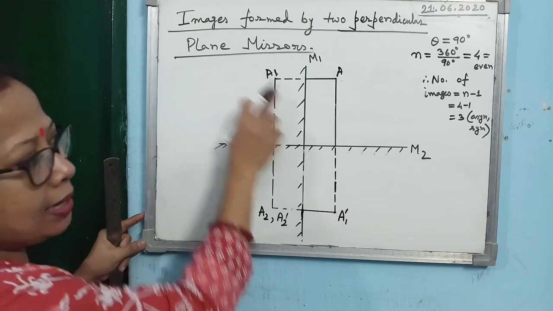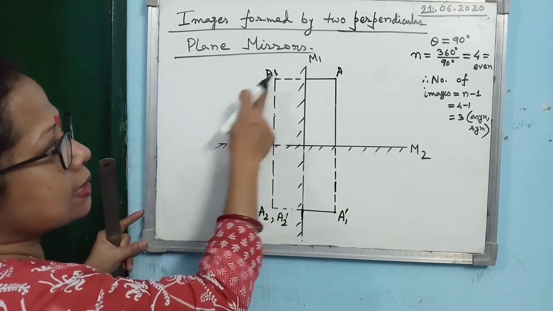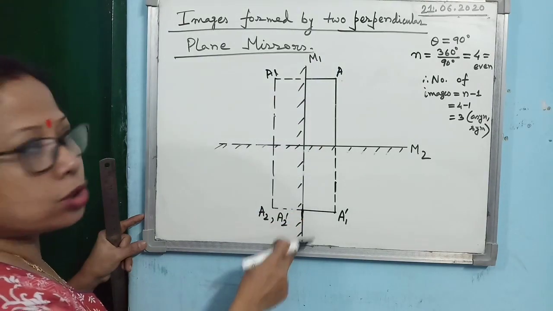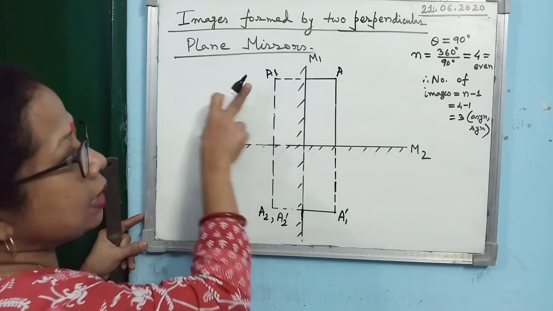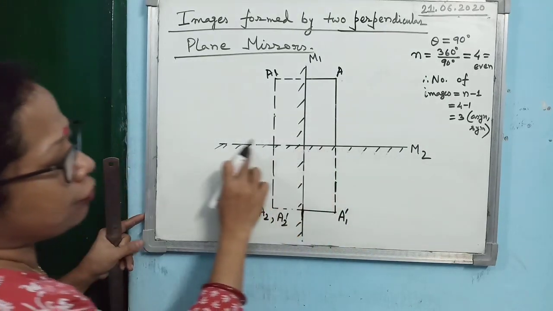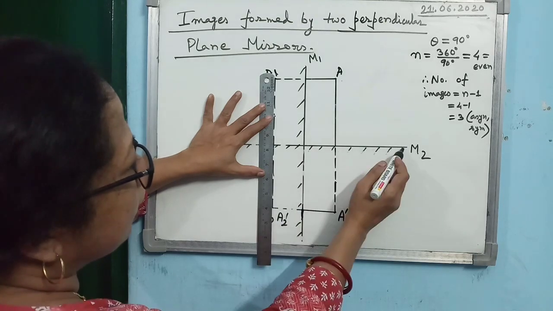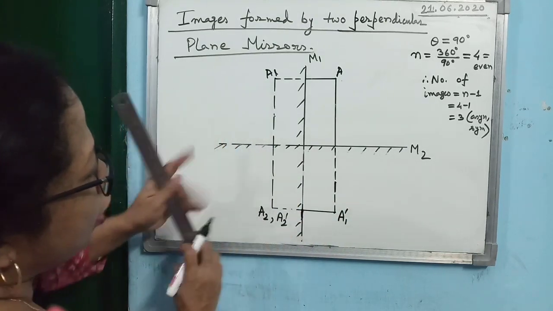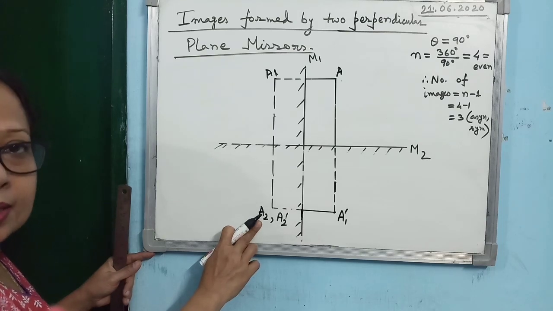Where is A1? In front of M2, but A1 is at the back of M1, so M1 will not form any other image of A1. Now A1 is in front of M2, so M2 will form an image A2. Is that clear?